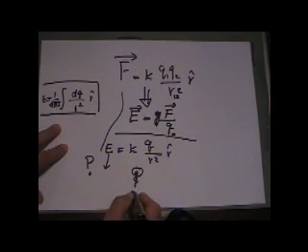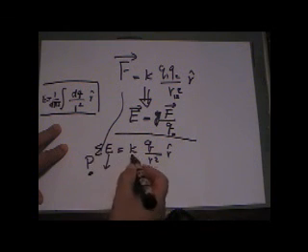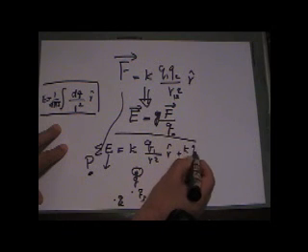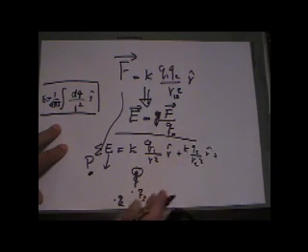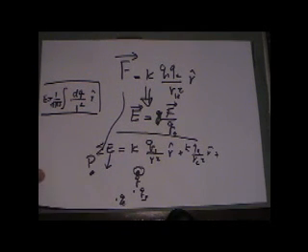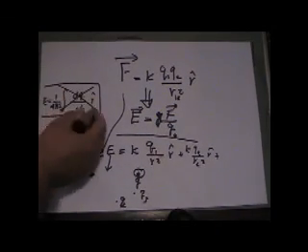If you have charges Q1, Q2, Q3, the total E will be K Q1 over R1 squared R hat, plus K Q2 over R2 squared R hat, plus K Q3 divided by R3 squared R hat. So you're expected to know that.